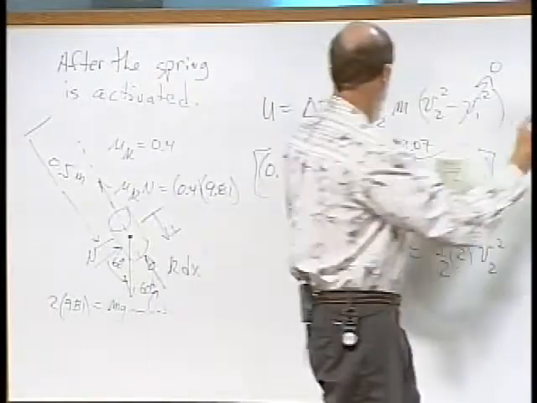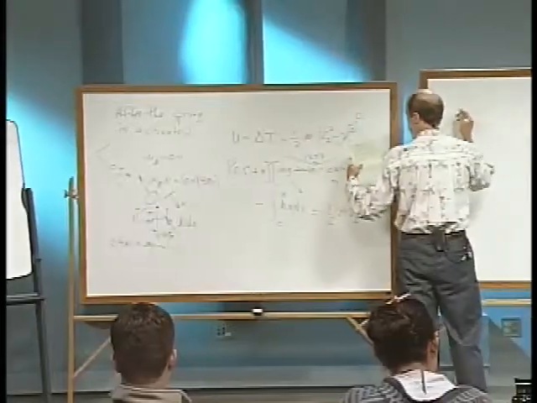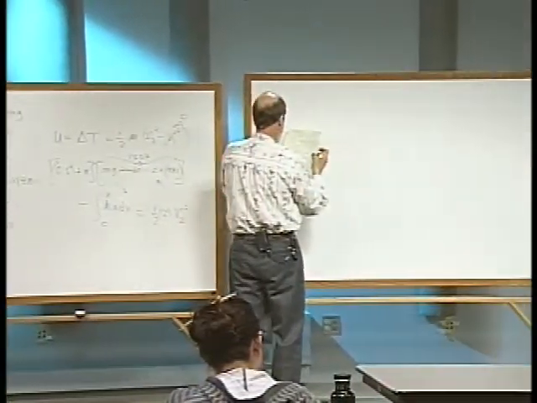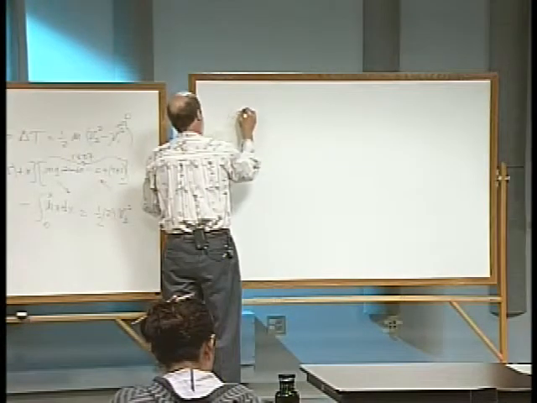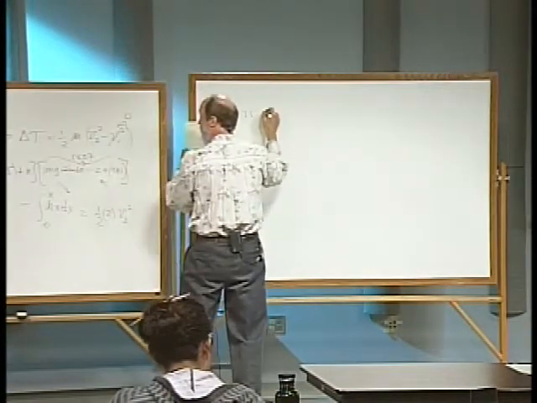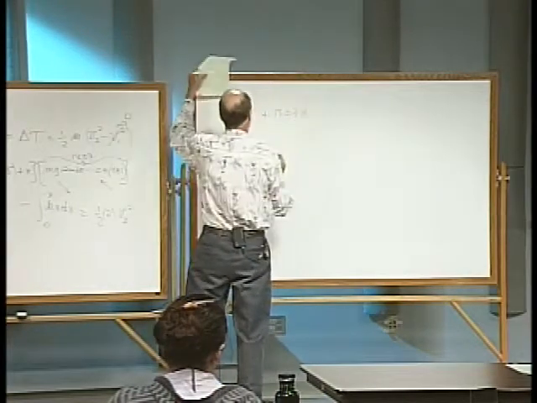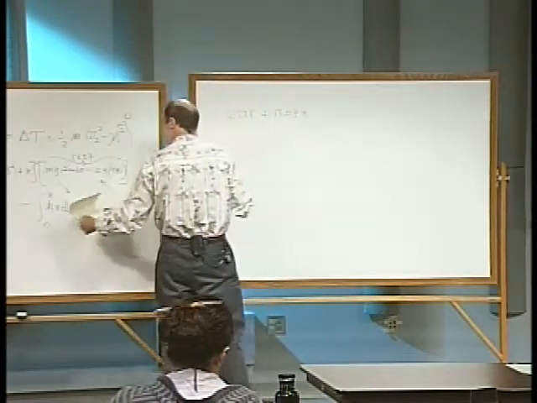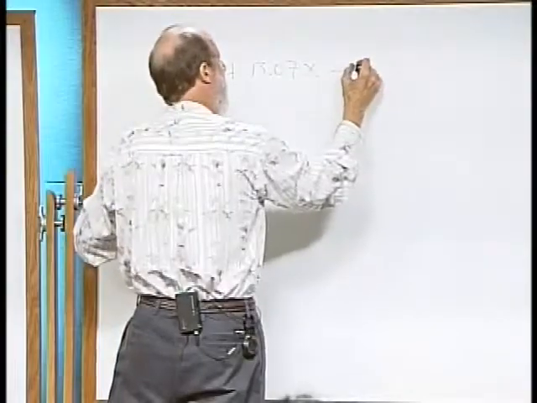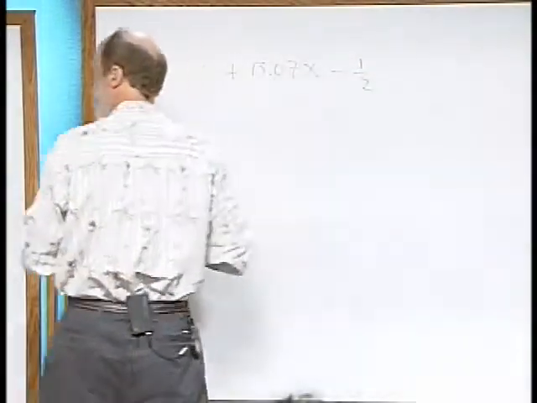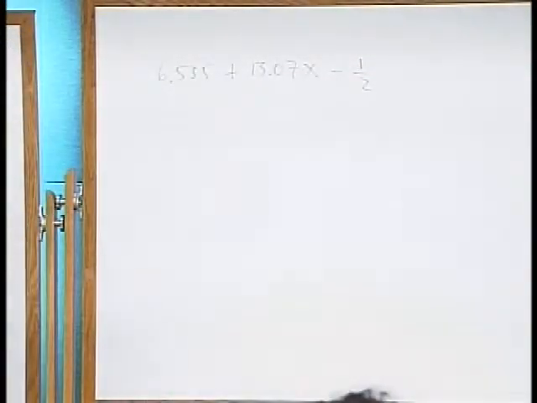So let's just go ahead and tidy that up. Half of 13.07 was 6.535 plus 13.07x minus 1/2, and our stiffness on the spring was, I believe, 1,600 newtons per meter.